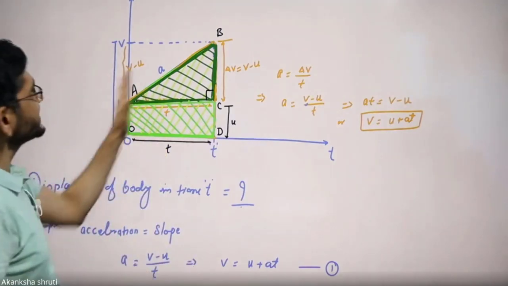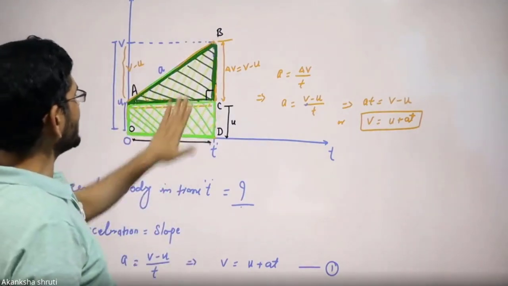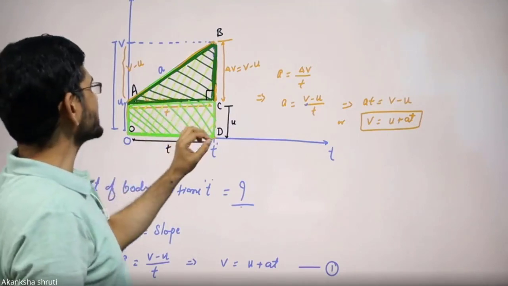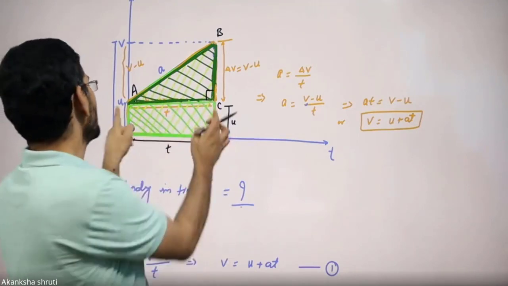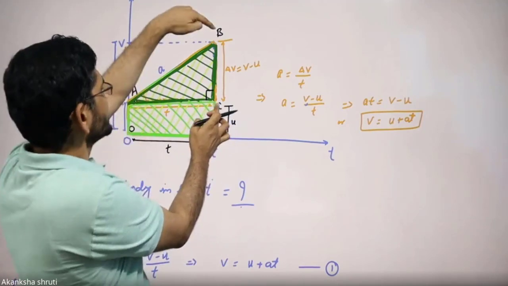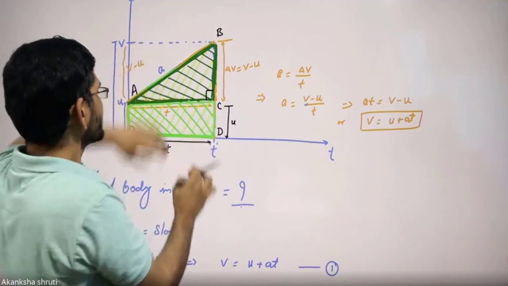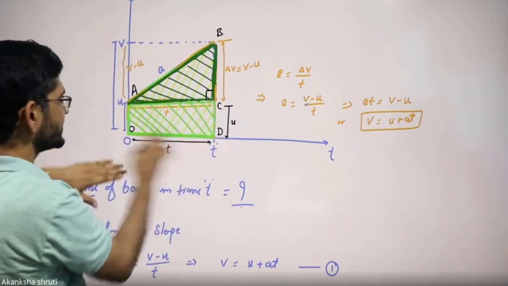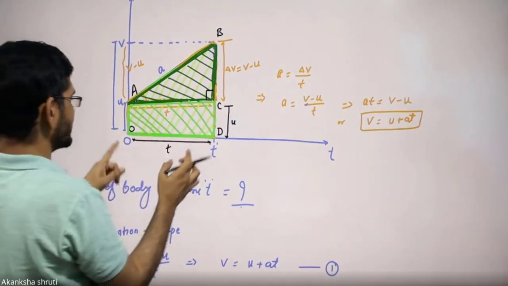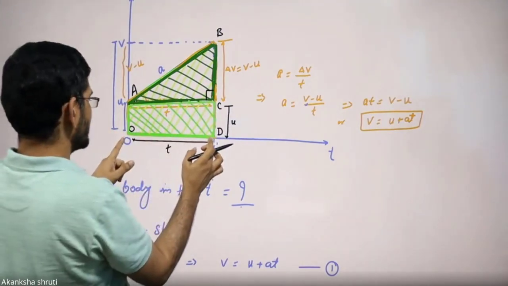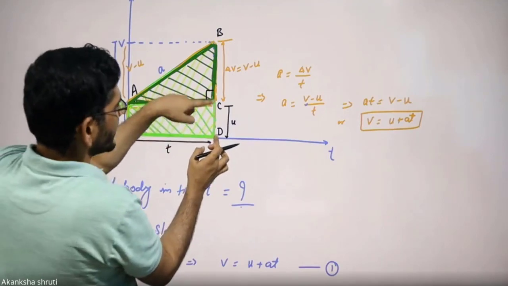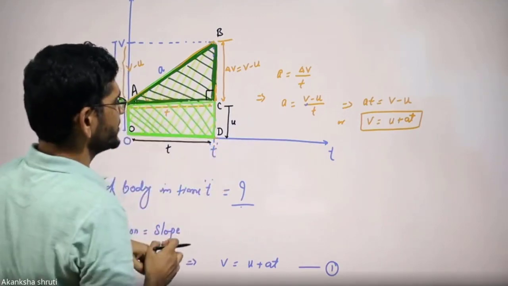This way the area of this trapezium is the area of the triangle plus the area of the rectangle. The area of the triangle will be calculated by half into AC into CB, and the area of this green rectangle is calculated by base OD into its height CD.